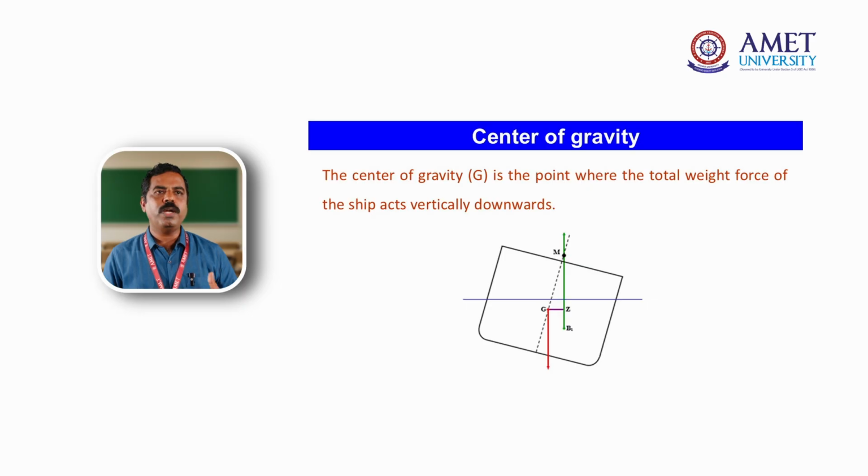Before getting into the topic, we will first discuss the basics required to understand unstable equilibrium. First, we should have a clear idea about the center of gravity of the vessel. So what is center of gravity? The human body has its own center of gravity.